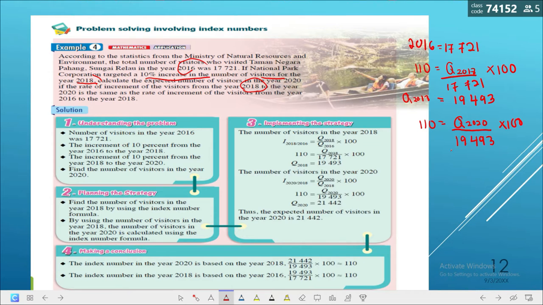Then you solve the equation and you get the number of visitors in 2020 is 21,442. So the expected number of visitors in the year 2020 is 21,442. That's the answer.